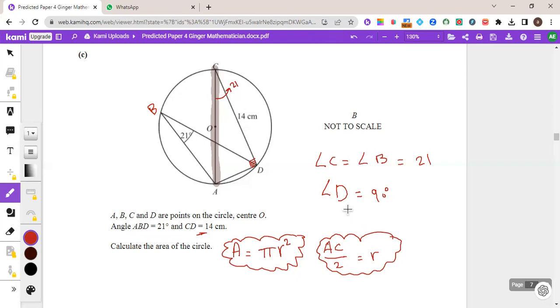So I can find AC. How can I find AC now?